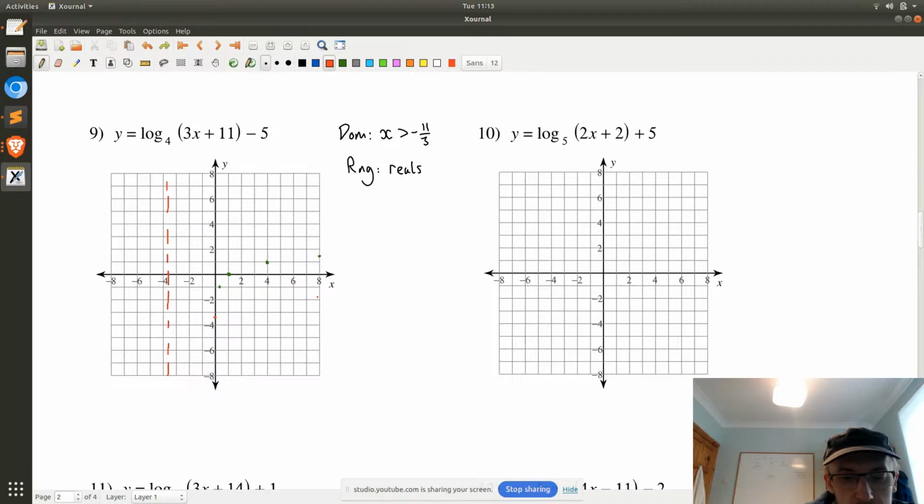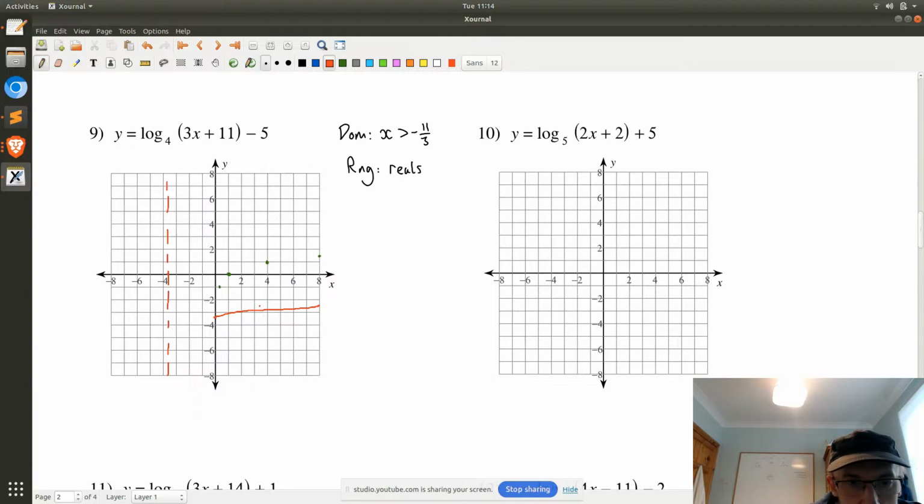Log base 4 of 35 is 2.5-ish, take away 5 is negative 2.5-ish. So there. Right?